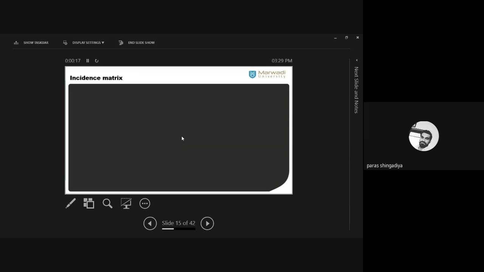So for any graph, we have any number of vertices, any number of edges. Then incidence relation means there are 3 vertices plotted on this graph, and 2 edges. That is E1, it is E2, and let's consider one more vertex, that is D, and that is the E3 edge.